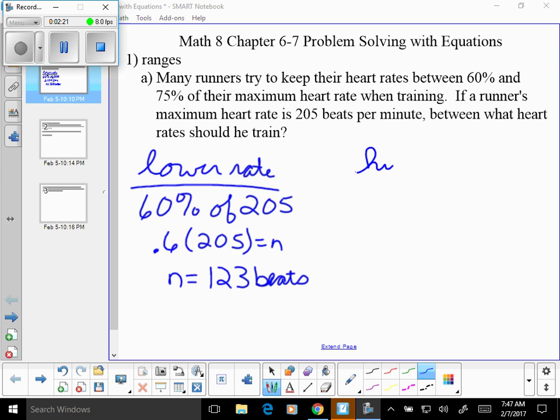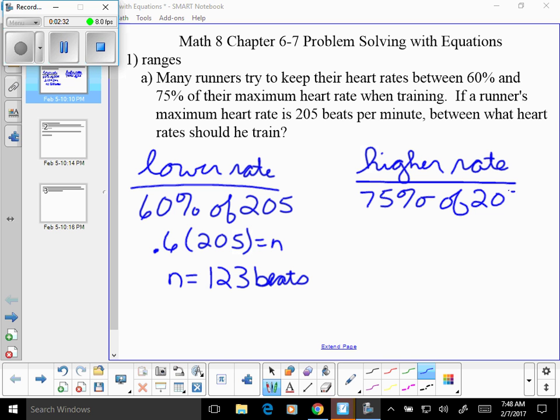Then you have the higher rate, which is going to be the 75% of the 205. You could use the fraction here, but I think you're probably going to be just as wise using the calculator and using the decimal of 0.75 times 205 equals the part which we do not know.